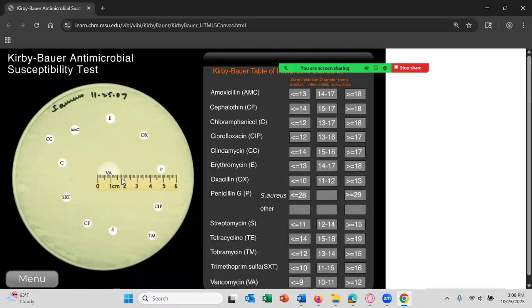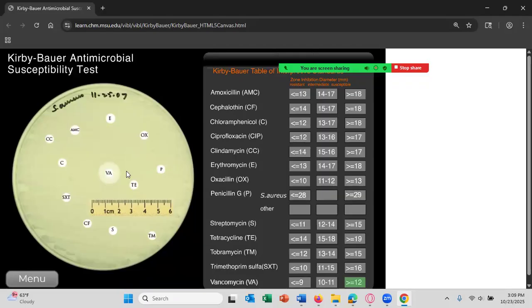And you can get the size of the zone of inhibition right here. There's only one, but about there, that's something like 16, 17. So it's sensitive to vancomycin.